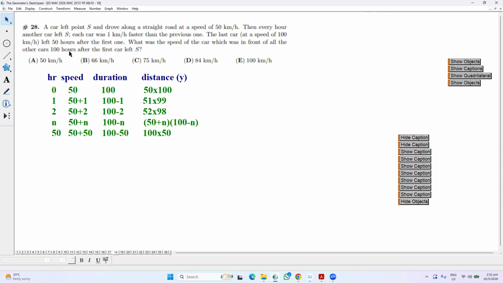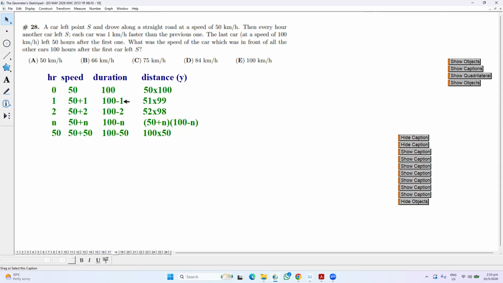If the second car starts 1 hour later, the speed is 1 kilometer per hour faster, so 51. But the duration is now 1 hour less because it starts an hour late, so it only moves 99 hours.